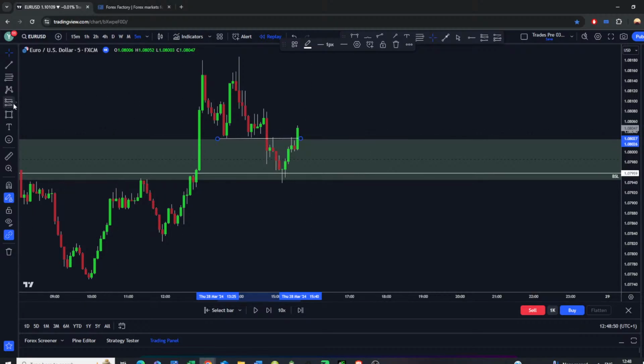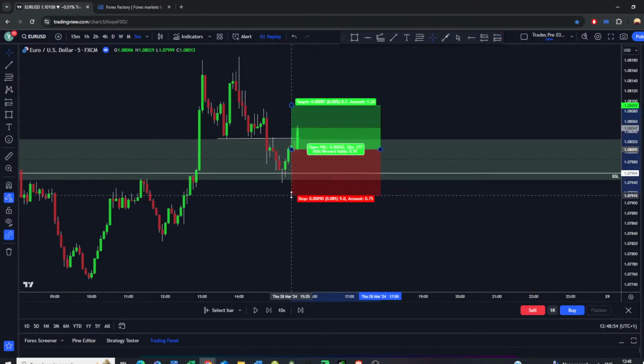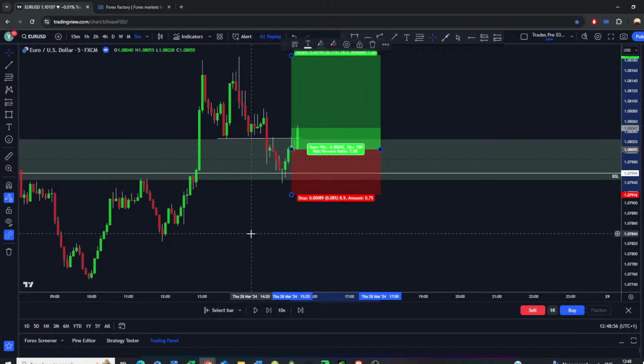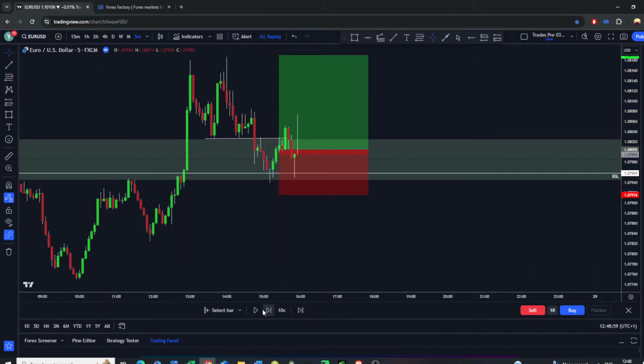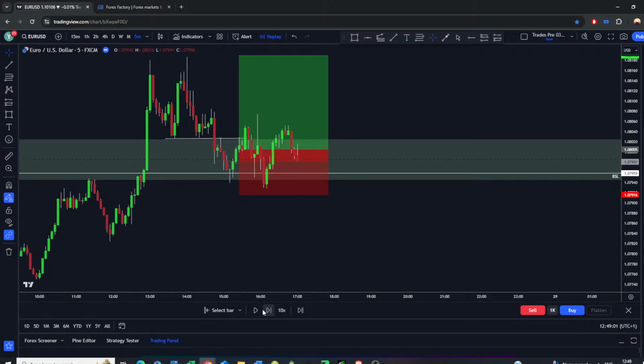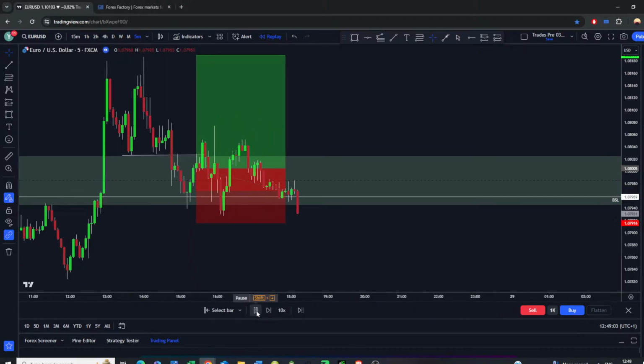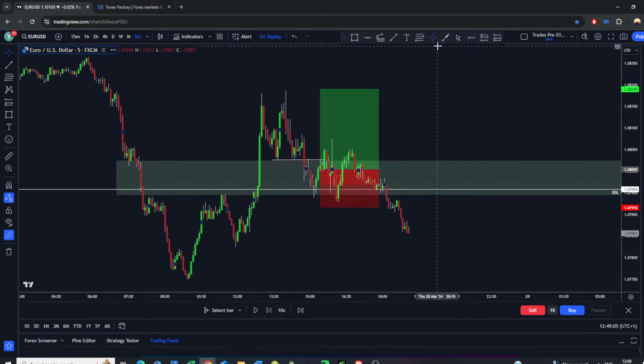There you go, microstructure shift followed by some fair value gaps as well. More than happy to take my trade there and targets these highs. So that's another -1%.